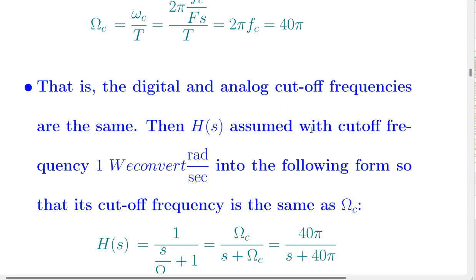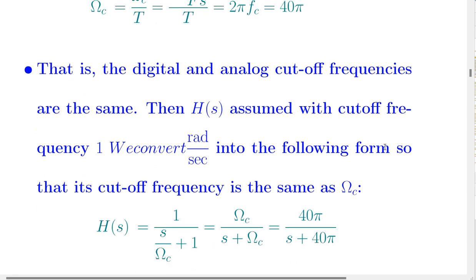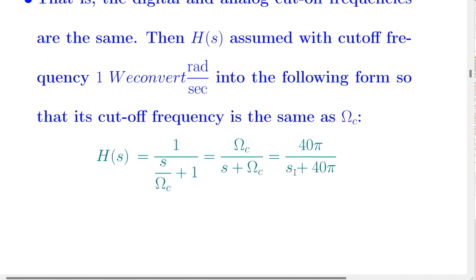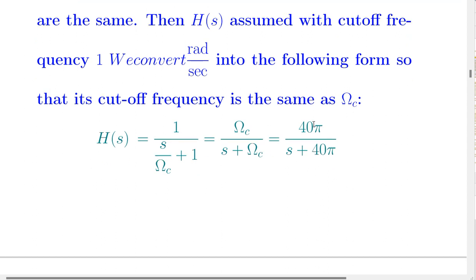Then H(s) with cutoff frequency 1 rad/s is converted into the following form so that its cutoff frequency is the same as omega c. Here you see the transfer function in the Laplace domain. Okay, 4π over s plus 4π.